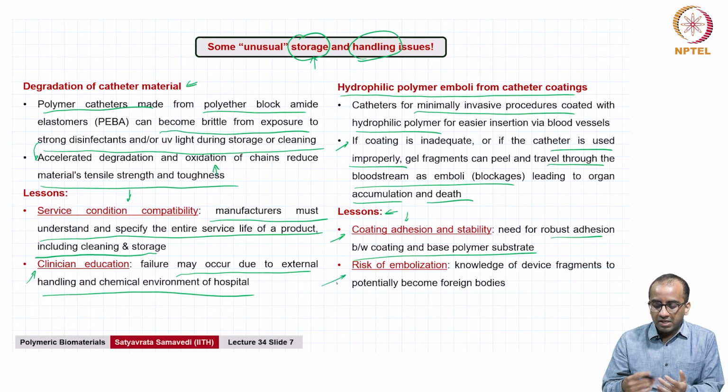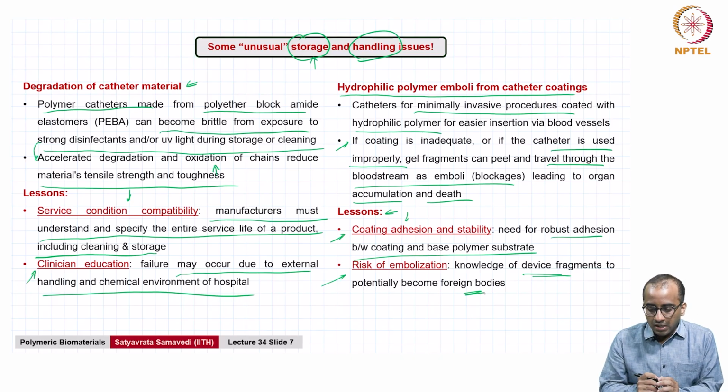From a clinician or a user perspective, this knowledge about these device fragments potentially becoming foreign bodies and causing emboli is also important to be kept in mind. So, again just two quick examples of some unusual case studies that can occur during inappropriate storage and handling.